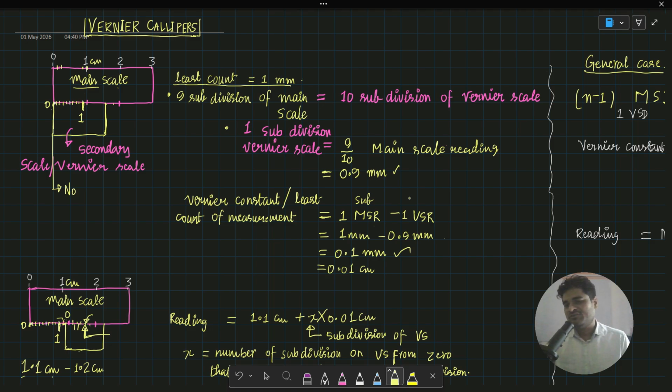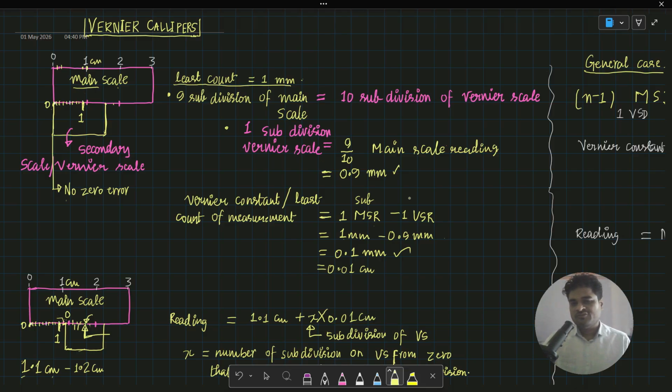So this is the case of no zero error, because when there is no object, the 0 of main scale and 0 of the Vernier scale are all aligned or matched on a single line.